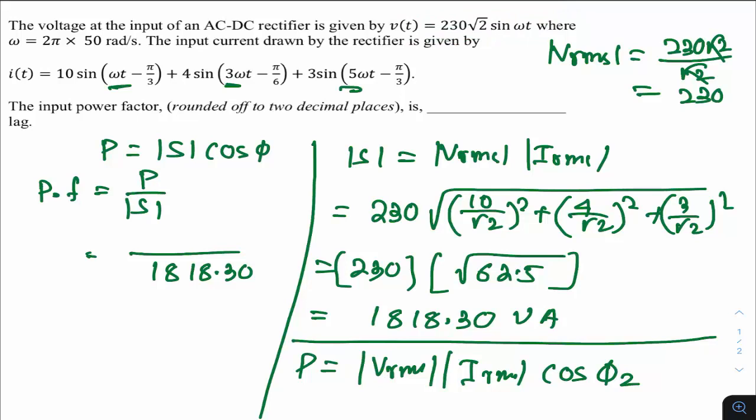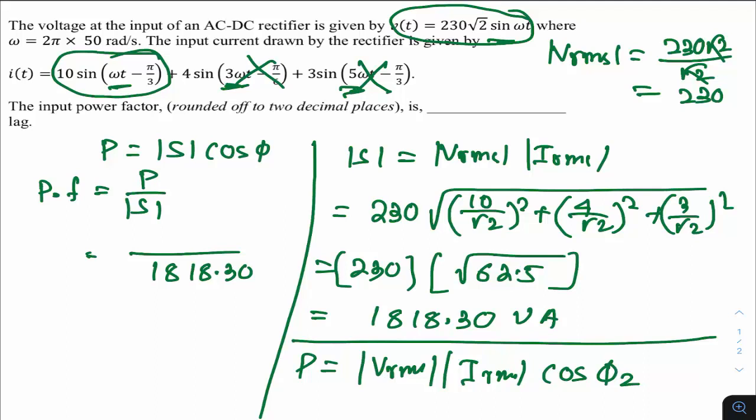The voltage has only one frequency, that is omega. So while computing the average power, only the component at the matching frequency will come into the picture, and the other components are irrelevant. If the voltage had 3 omega and 5 omega terms, they would have contributed too.